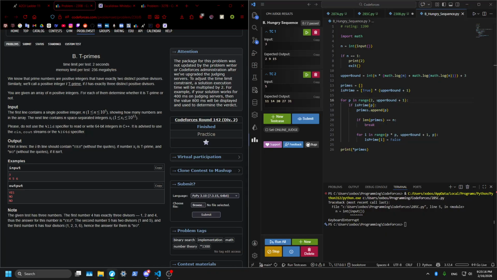Let's see. What it basically does, it stops the seed after we found n primes.